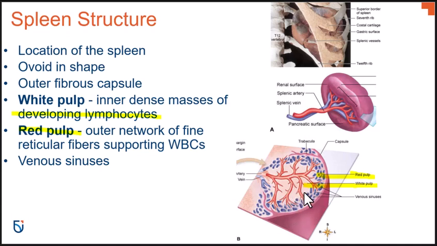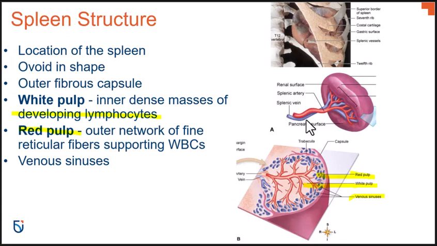And then here we have the white pulp where the lymphocytes are going to be developing. And then we have another structure called venous sinuses, and you can see those are the blue structure. So in between here, the pinkish was the red pulp, and then the blue structure are the venous sinuses.